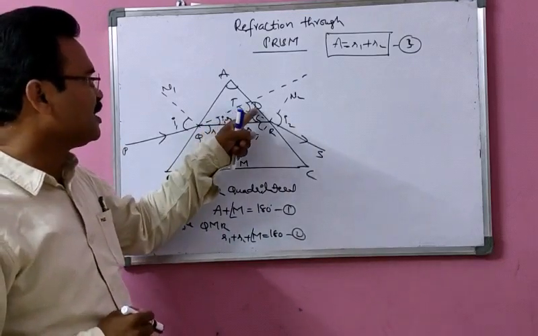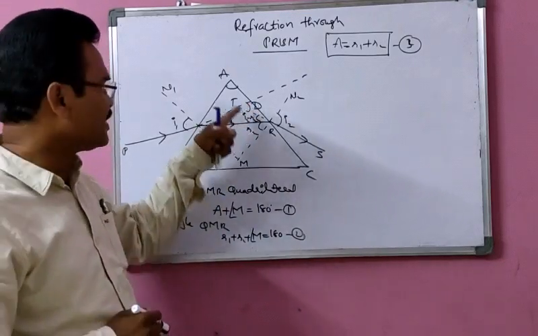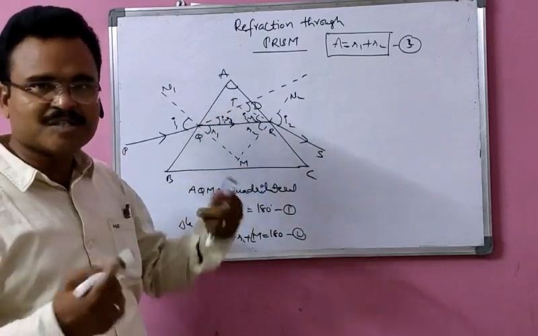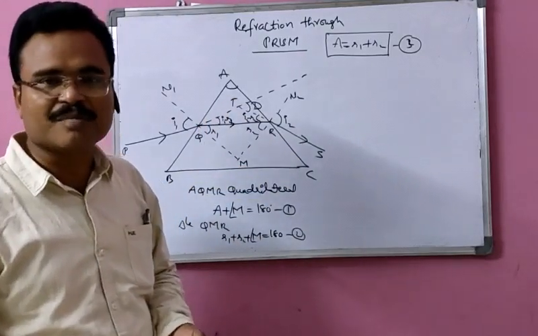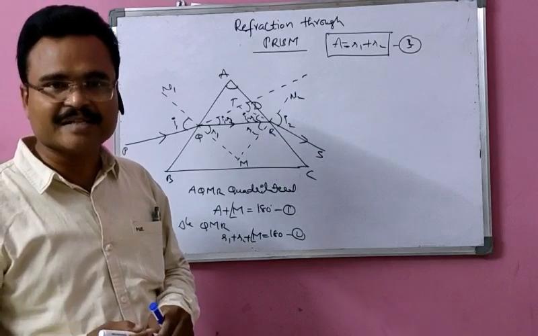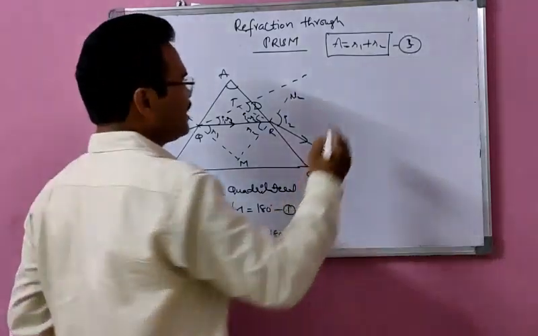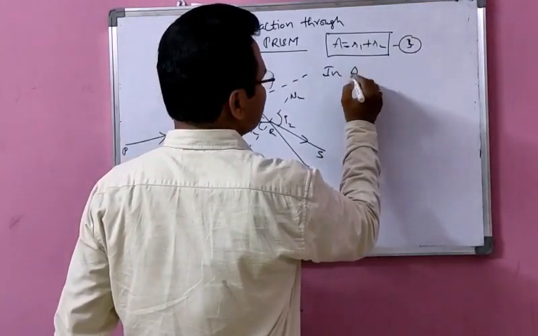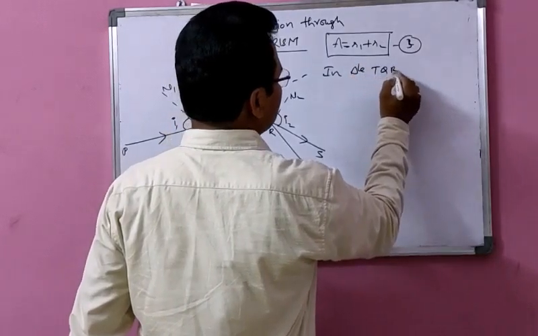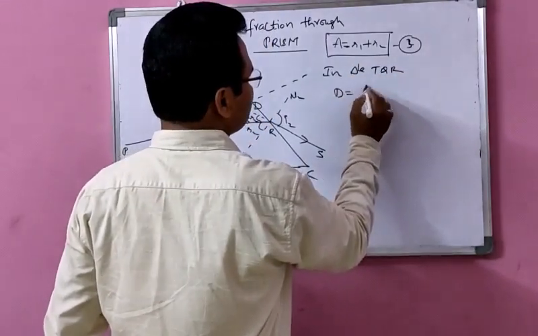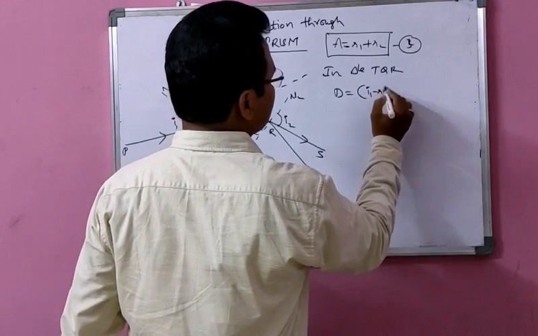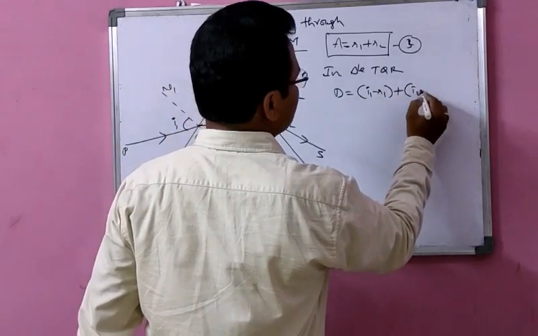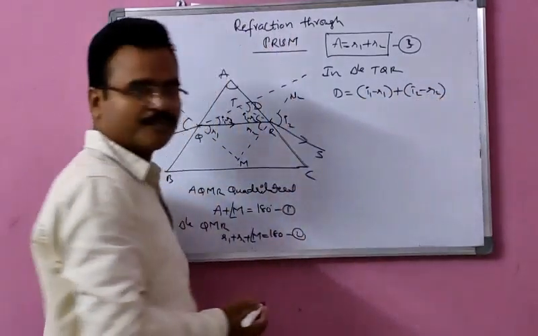So this D is the exterior angle of the triangle PQR, and an exterior angle is always equal to the sum of the two opposite interior angles. Therefore, in triangle PQR, I can write D equal to I1 minus R1 plus I2 minus R2.